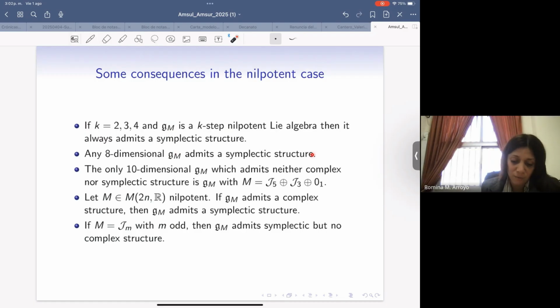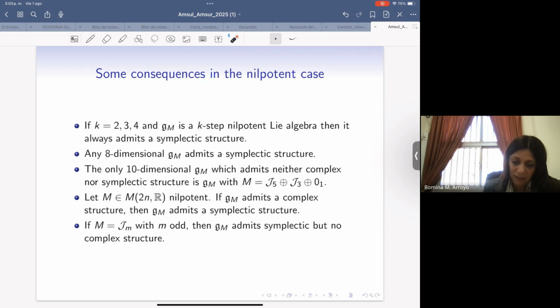In dimension 8, which is the first case in which everything starts to be wild, not all almost abelian nilpotent Lie algebras admit a symplectic structure. The first dimension, in the nilpotent case, in which an almost abelian Lie algebra does not admit a symplectic or a complex structure is dimension 8, and the only M satisfying this is this one.